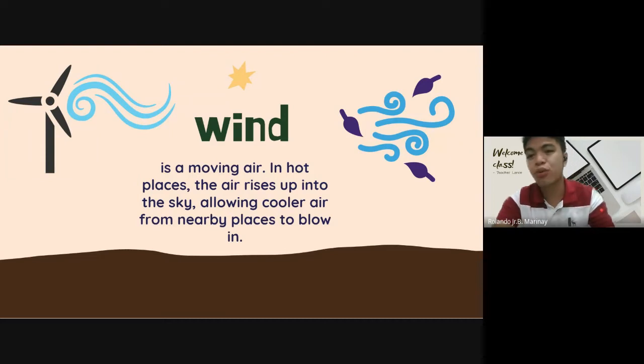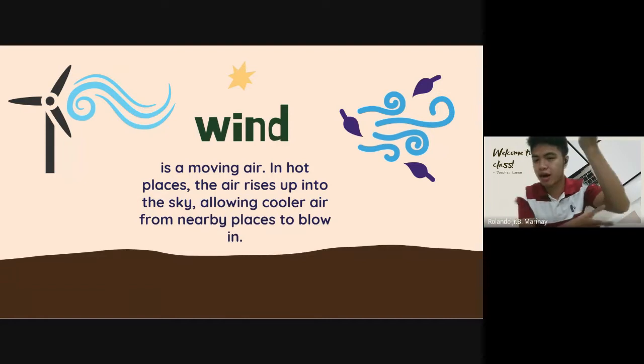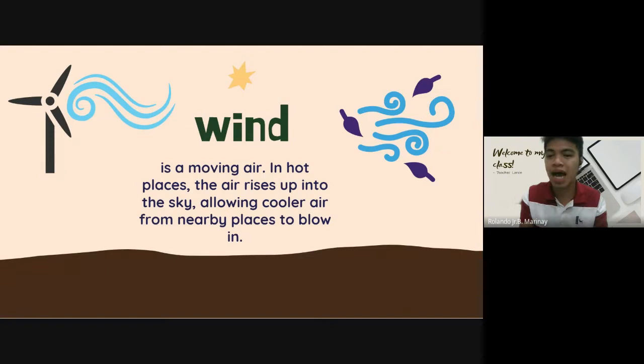When the hot air moves upward, the cold air will replace the hot air that went upward. So the cold air will come in, and that is the wind. Wind is moving air. When the air starts to move, that is now called wind, okay?